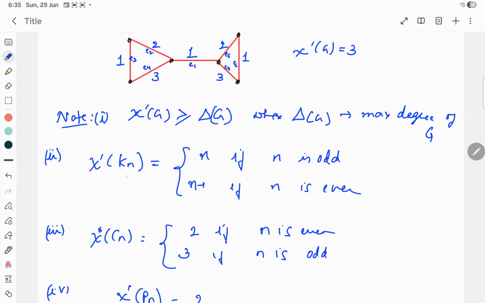It's nothing but the chromatic index of a complete graph Kn is n if n is odd, and it is n minus 1 if n is even. For example, we consider a complete graph with 5 vertices, right?